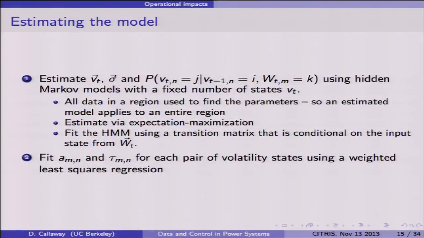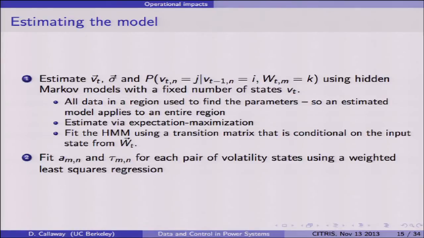So the way that the model gets estimated is that the first step is to estimate endogenously to the model what's the volatility state, what's the variance, and then what's a state transition probability matrix that is going from one volatility state to another as you march forward in time. And that's going to be a function of our exogenous inputs, which is coming from the 15-minute data. And then we estimate one model for each of those 256 square kilometer regions.